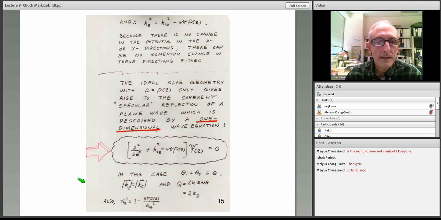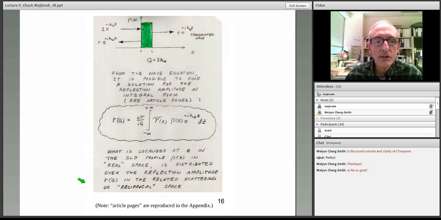So, in this case, it turns out, without going into this derivation in detail, it's available in the appendix in what's denoted article pages, how we get the relation of the reflection amplitude as a function of wave vector transfer.